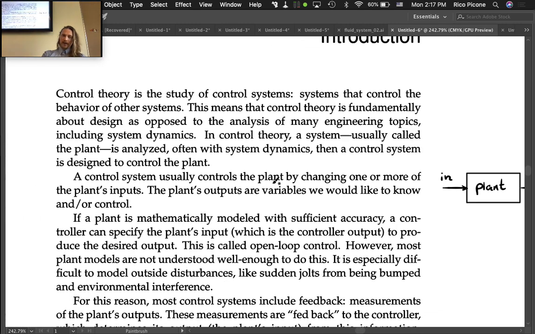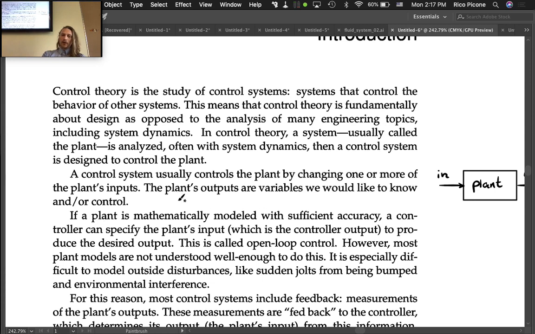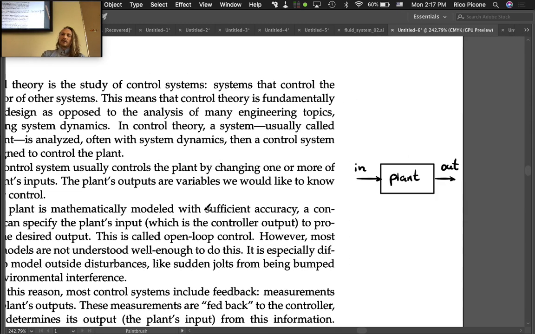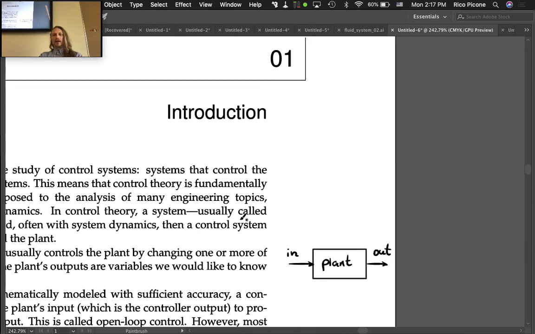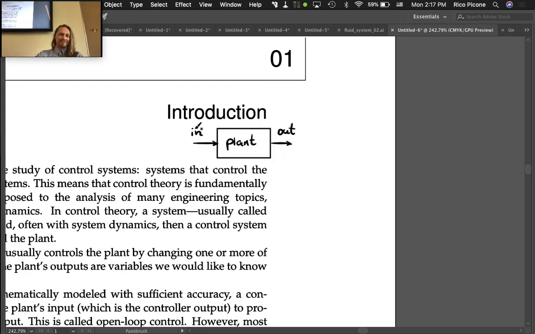Now, if a plant is mathematically modeled with sufficient accuracy, a controller can specify the plant's input, which is the controller output, to produce the desired output. So the input to the plant is actually the output of the controller.